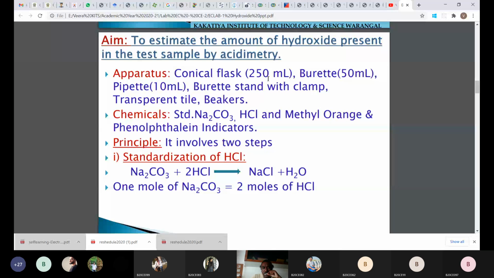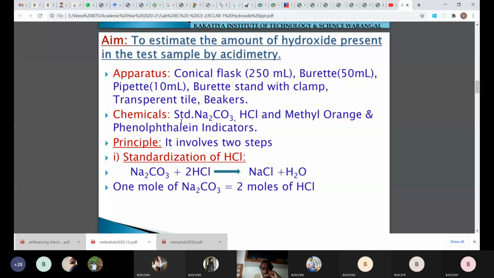With all this, you already came across in intermediate, I mean 10+2. So you might have done some titrations. Okay, so you already know what is conical flask, what is burette, what is pipette, and all this. Okay, and you will require some chemicals. So you need a standard sodium carbonate, HCl, and methyl orange and phenolphthalein indicators.